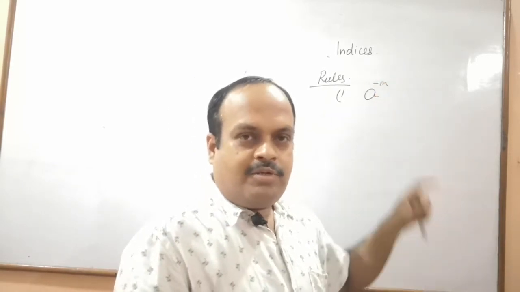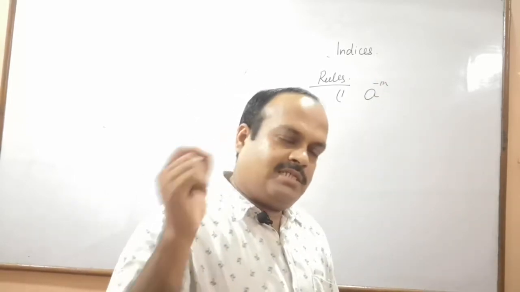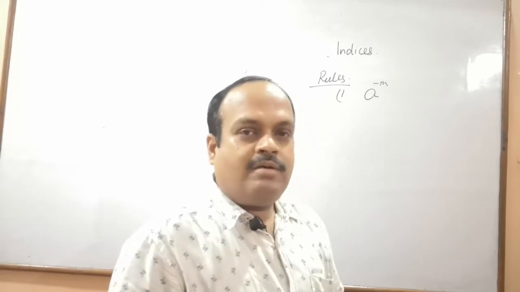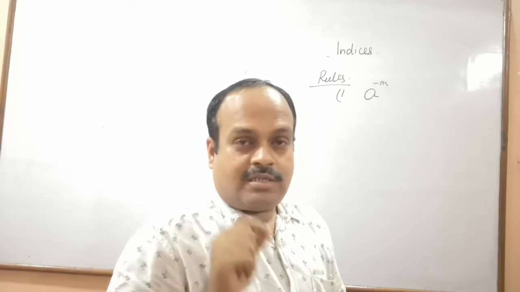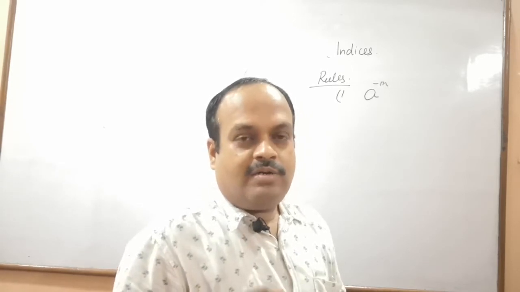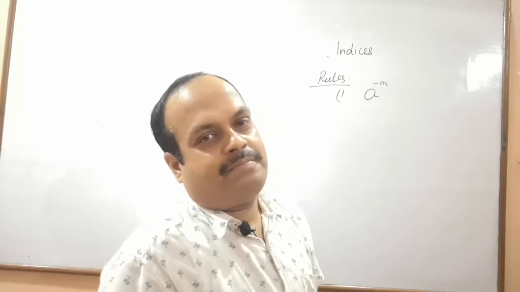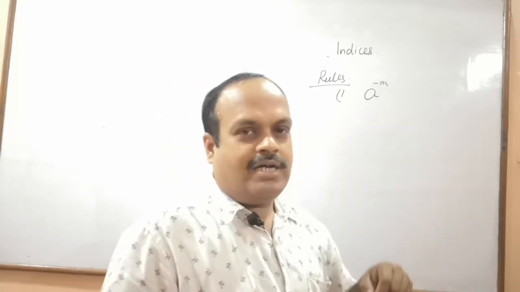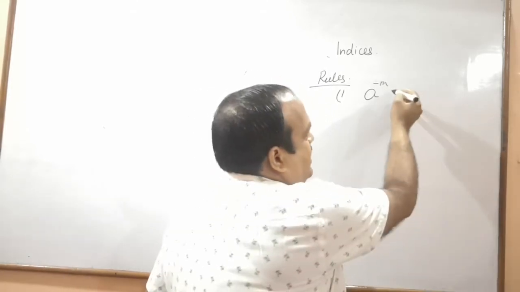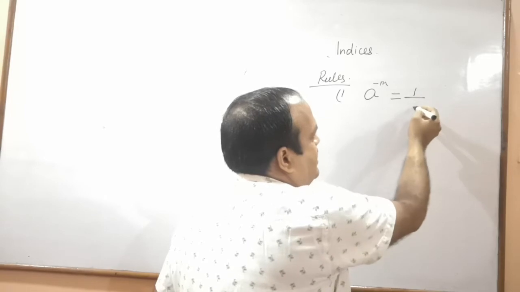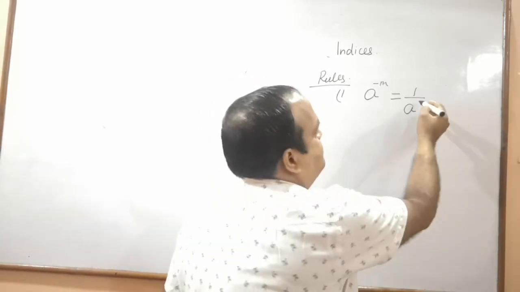Minus m. You can make this minus m into plus m, but to do so, we will have to make one change in the base. What change do we need to make? We need to write the reciprocal of this base a. I hope you all know the reciprocal of a is 1 by a. So here we will get the result 1 by a to the power m.